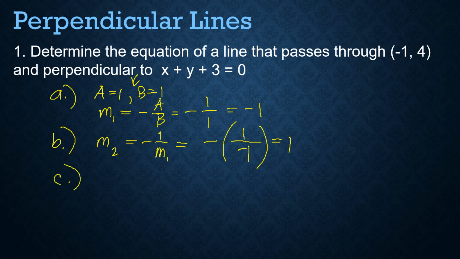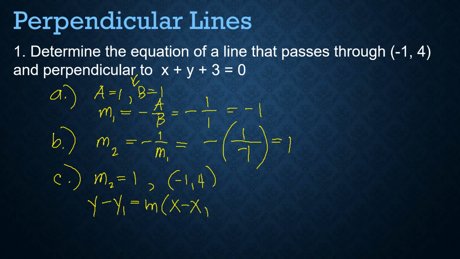Now substitute the slope of the second line, which is 1, and the point negative 1, 4. Use the point-slope form where x sub 1 is negative 1 and y sub 1 is 4. Now substitute.